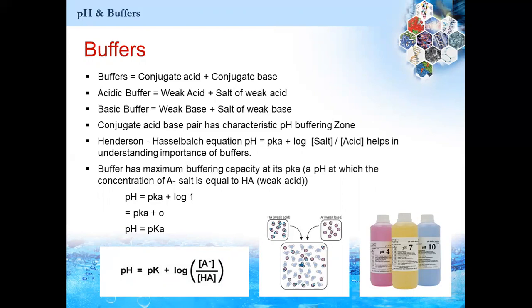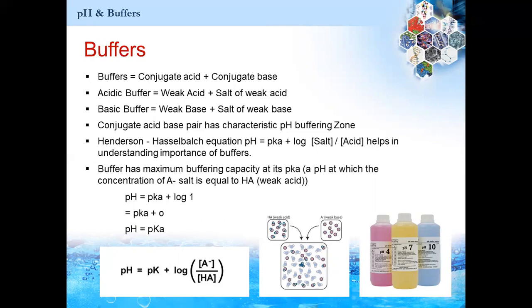So to keep the cell always active and help in its survival and maintenance, it is very essential that the pH of a cell is always within the normal physiological limits, that is around 7.4. And in achieving this, the buffers inside a cell help a lot in maintaining the pH of the cell.